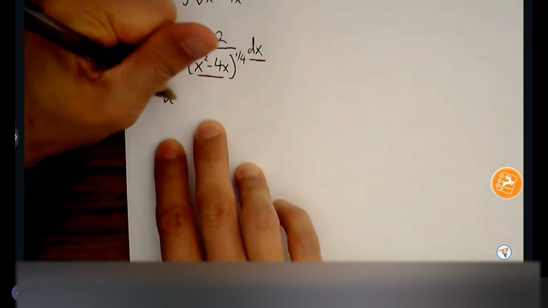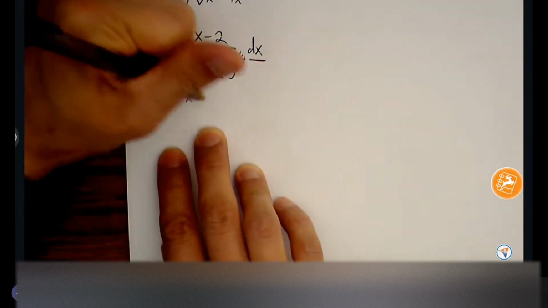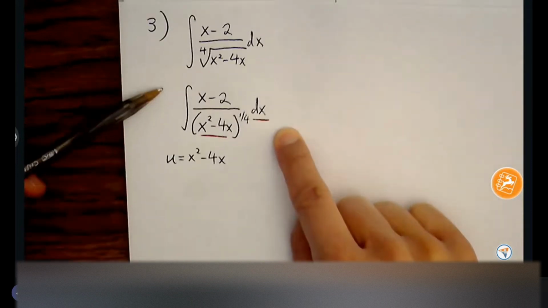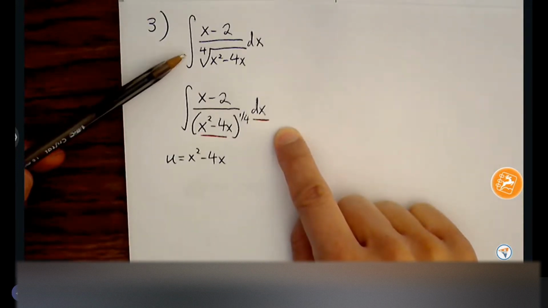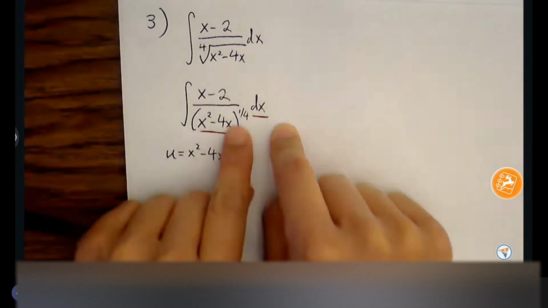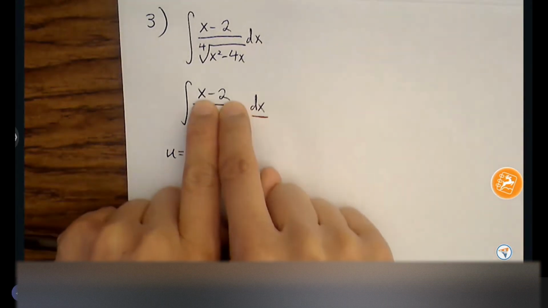Okay, inside the parentheses. Mr. Yang? Yes. Since the x minus 2 is not in parentheses, do we just not use it for u substitution? That is correct. We're hoping that this x minus 2 will go away on its own.